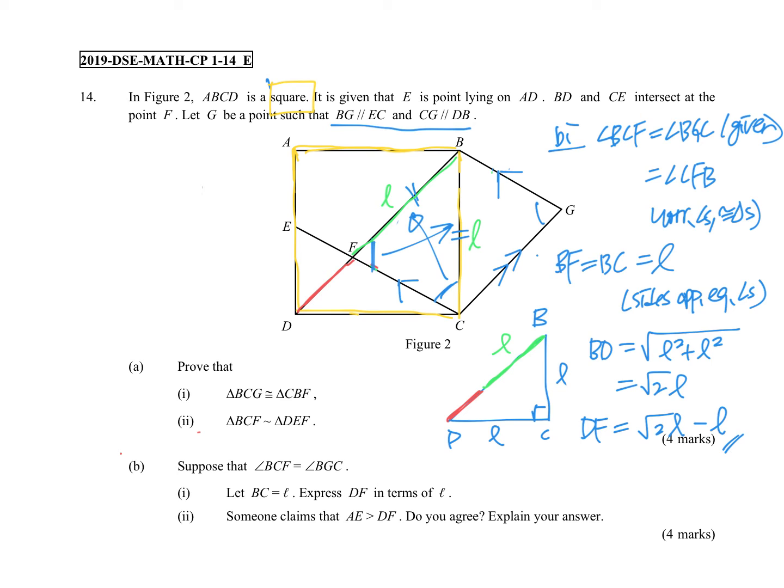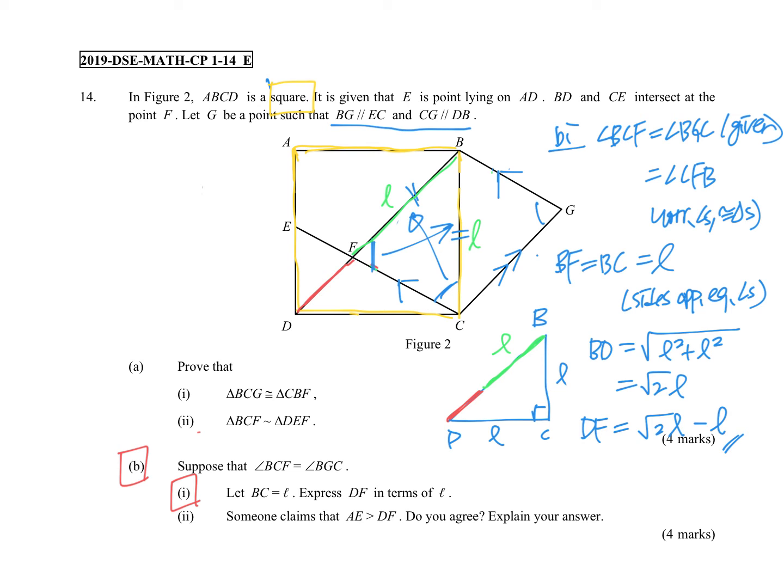Now here comes part B, B1. Angle BCF equals angle BGC. Angle BCF, this angle, equals angle BGC, this angle.